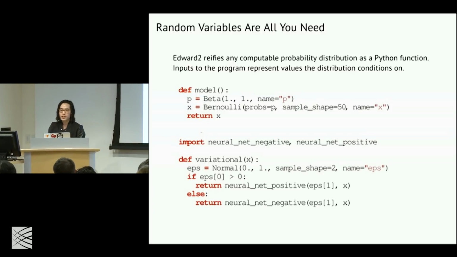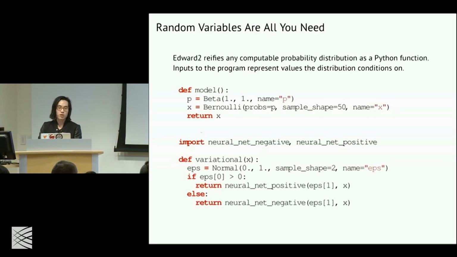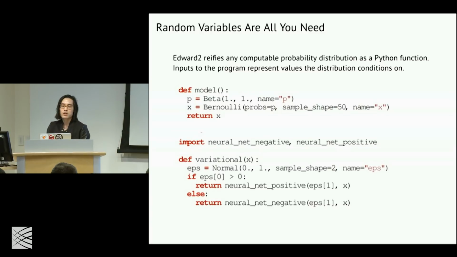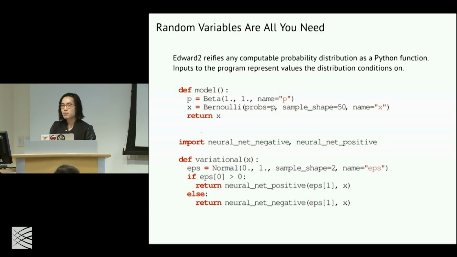And so one of the things that we ended up keeping was this notion of random variables. The way that we specify the model language was just the same as Edward 1. It's just that we would wrap the models, the probability distributions, in these little Python functions. And so formally, you can think of any of these Python functions as reifying a computable probability distribution.